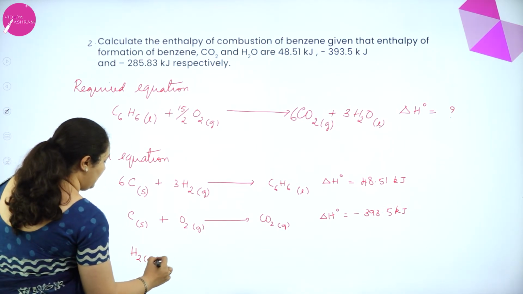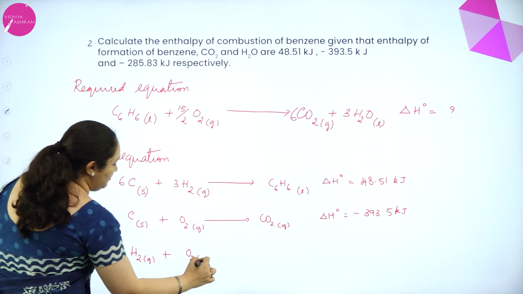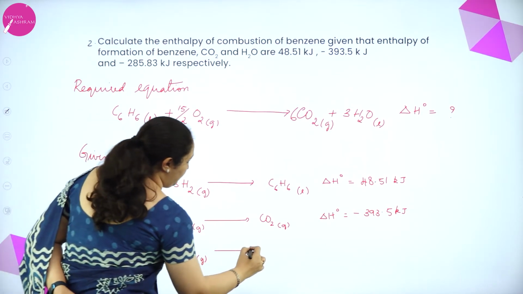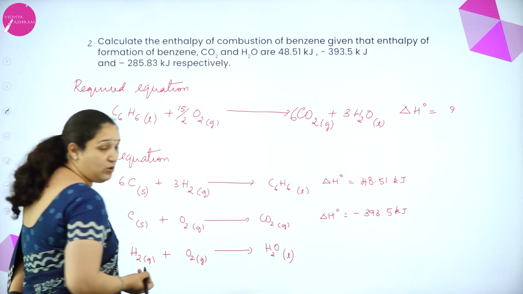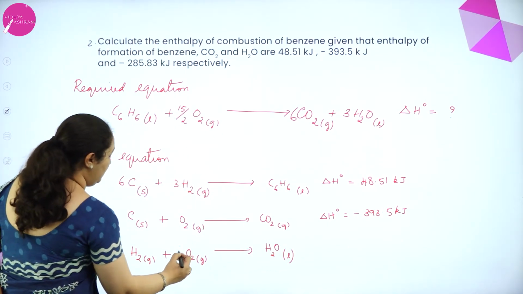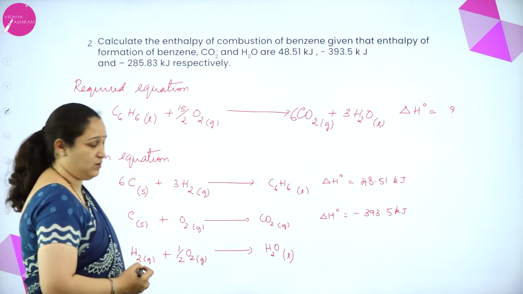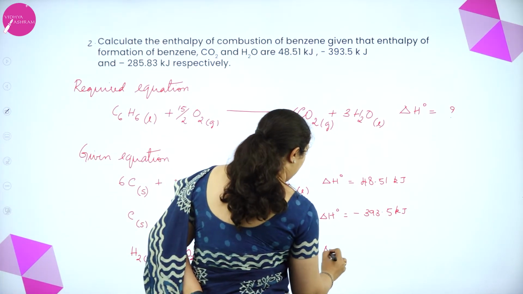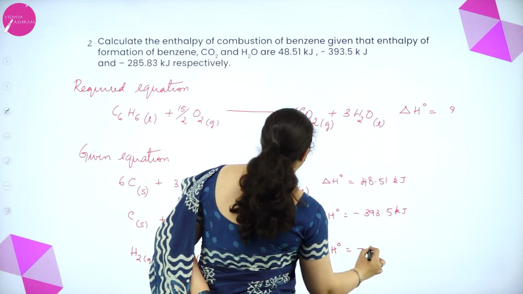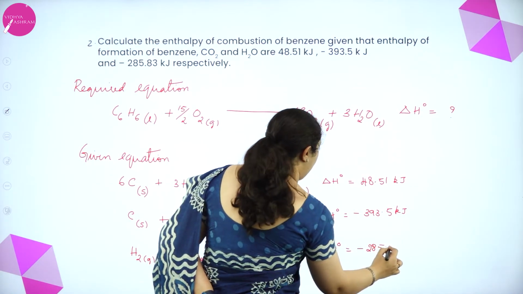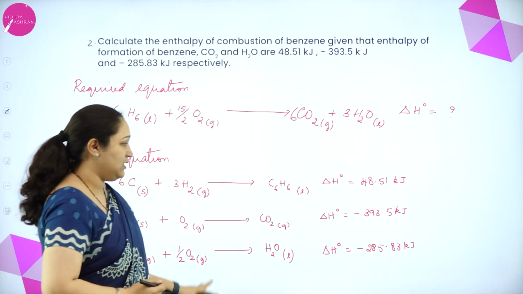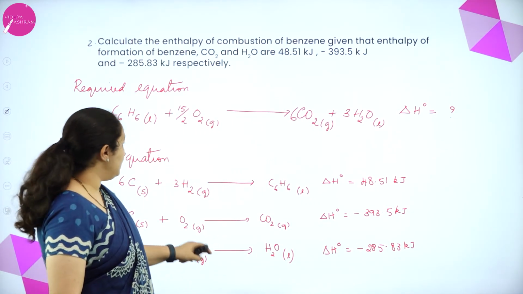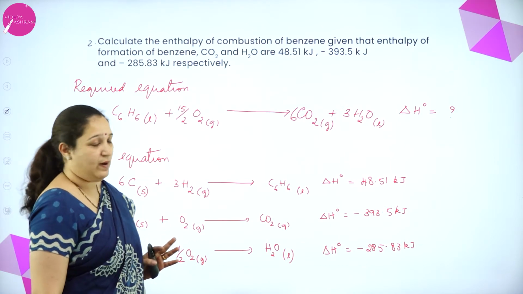Hydrogen gaseous state, oxygen gaseous state, H2O I require, which is in the liquid state. Now here only one oxygen atom I require, so I'll put half here. And delta H naught is minus 285.83 kilojoules. Now this is all that is given to us. From this I need to calculate the required equation.